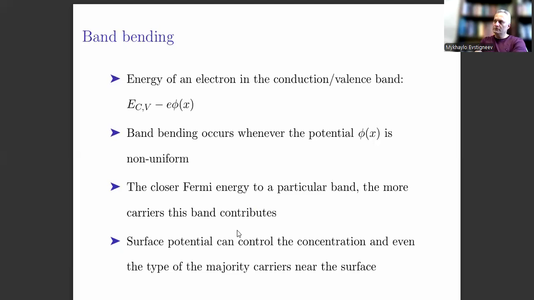So let me remind you that the energy band diagram is a graphic way of representing the important energies found in the semiconductor. Typically this would be the energy at the band edges, the Fermi energy, the intrinsic Fermi energy, and how these energy levels change with the spatial coordinate x.